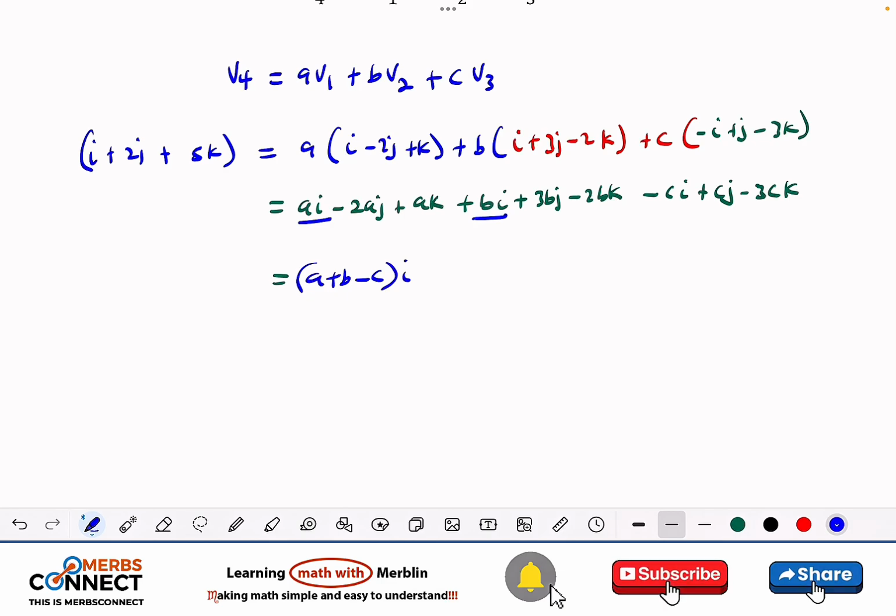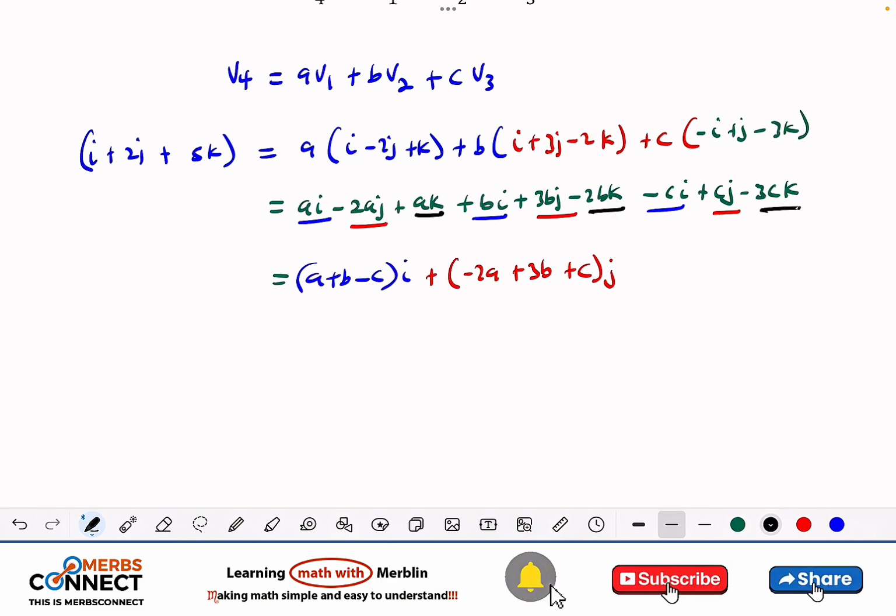So I, and I, right? Let's go with those with J, right? So those with J is J, J, and J. So we are going to have plus minus 2A plus 3B plus C J. And the last one is those with K. So K, K, and then K. So you are going to have plus A plus minus 2B minus 3C K. And this is the same as I plus 2J plus 5K.